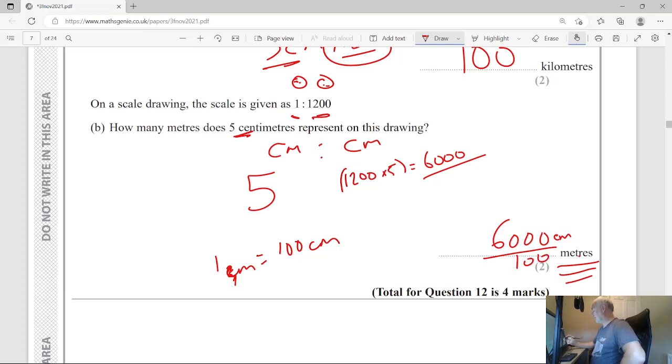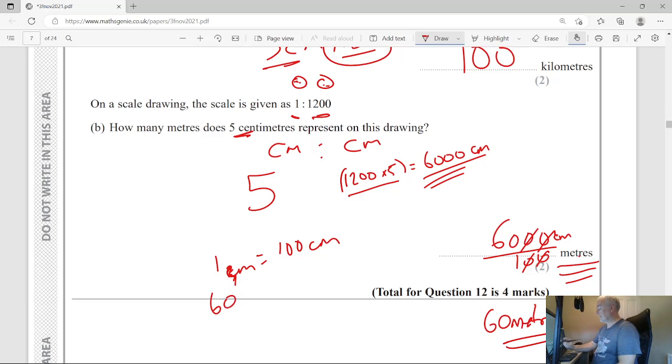That's going to give me 60 metres, and that's my answer. So first step for the first mark, I need to multiply 1,200 by 5 to give me 6,000 centimetres. Then I need to convert from centimetres to metres. So 60 metres is equivalent to 6,000 centimetres.